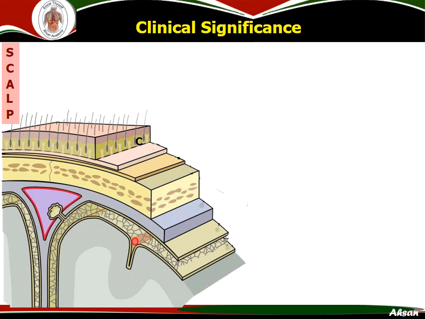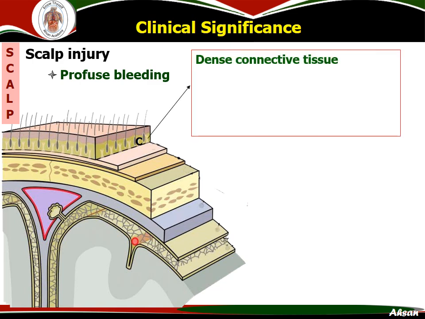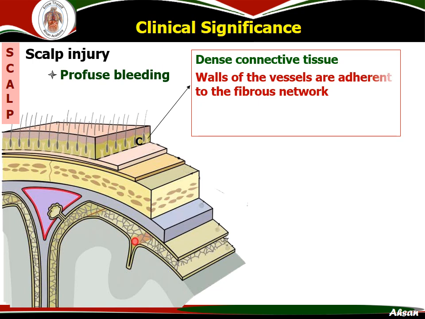Clinical significance of the scalp is here. If the scalp is injured, there is profuse bleeding. The second layer is the dense connective tissue layer, and this contains large blood vessels making a network. Whenever these blood vessels are injured, their walls remain tightly adherent to the fibers.